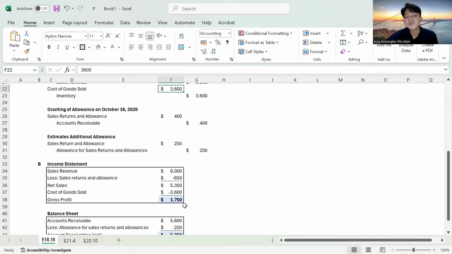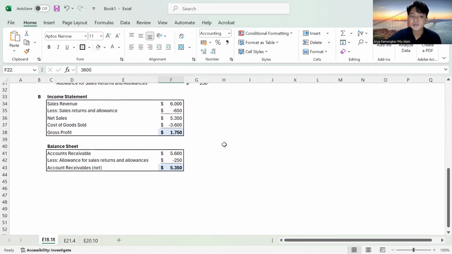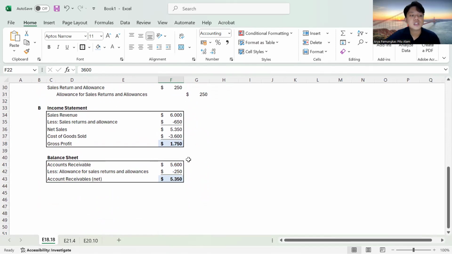The gross profit itself would be $1,750. That's it for the income statement, so the company got a profit of $1,750.